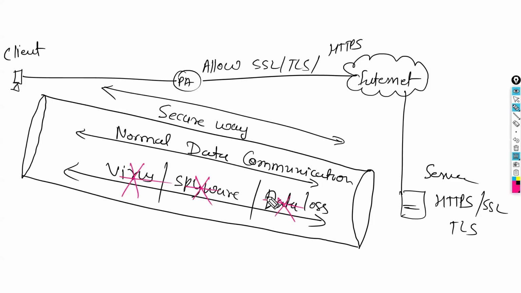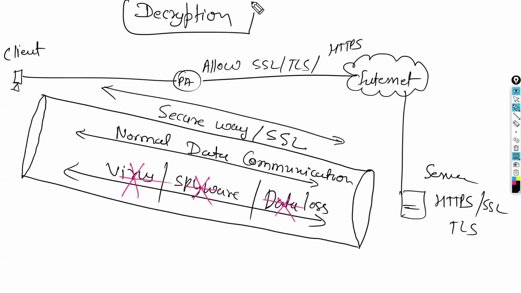If you want such functionality, or if you want to enable deeper inspection, or if you want to inspect the traffic which is going under an SSL tunnel, for that, our firewall should have the capability of decryption. Now, what do we need to do? We need to enable decryption on Palo Alto Firewall.